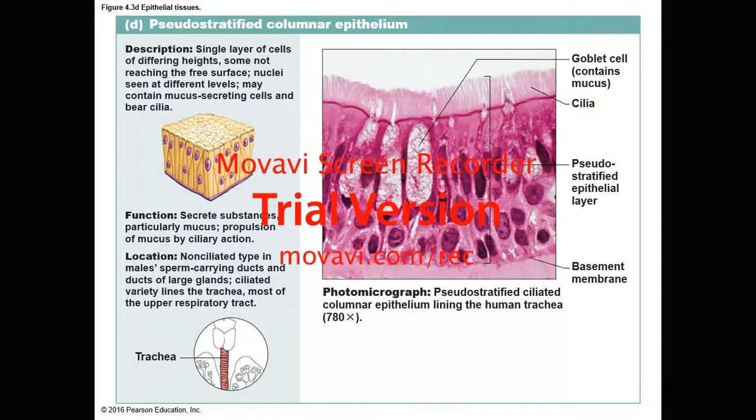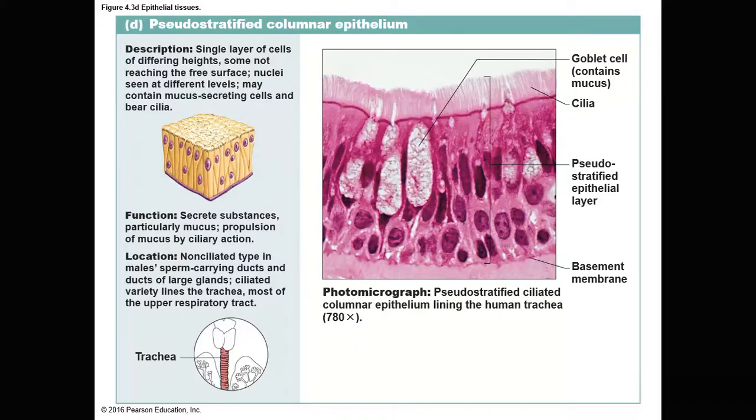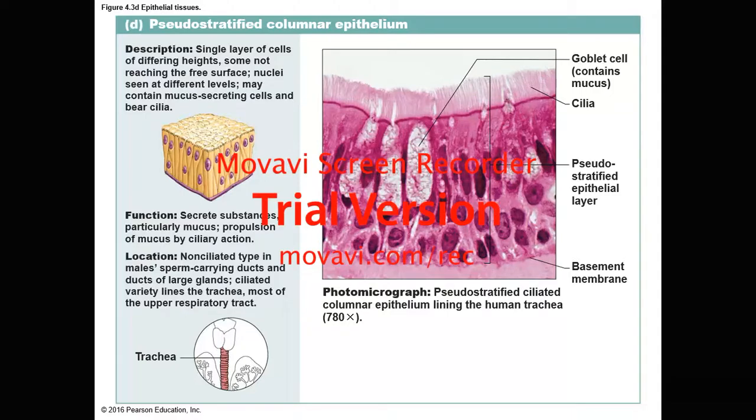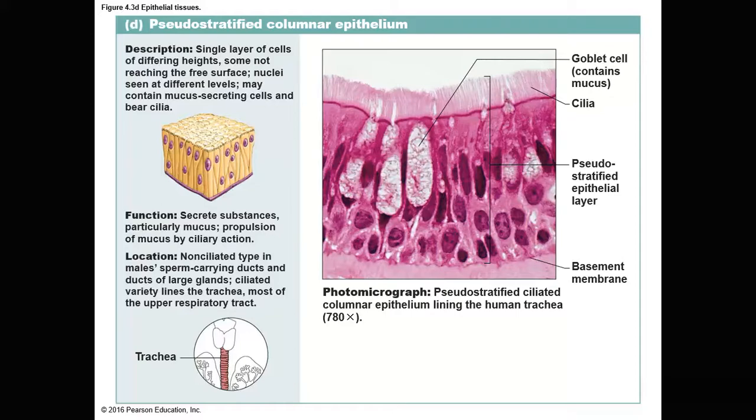Okay, and then the cilia is going to be what moves the mucus. So the location, the non-ciliated type, you can find them in male sperm carrying ducts and ducts of large glands. The ciliated variety you can find lining the trachea and most of the upper respiratory tract.